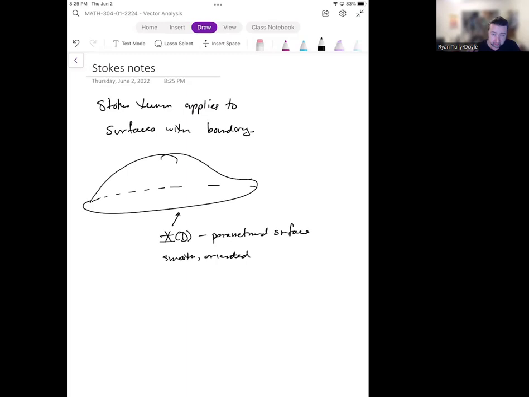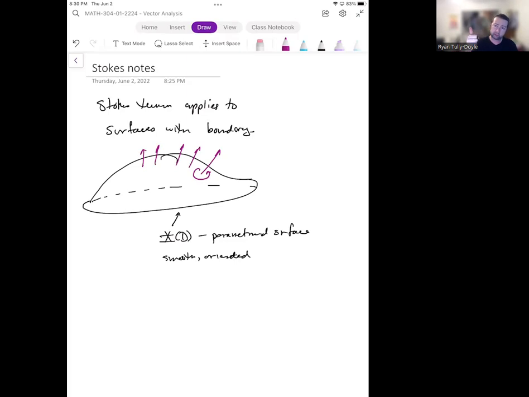The way to set the orientation on the surface is I need to make sure that I have an up direction that I've chosen. And then I think about the way that curves move inside the surface as they go around the orientation vectors, corresponding to a right-hand rule.